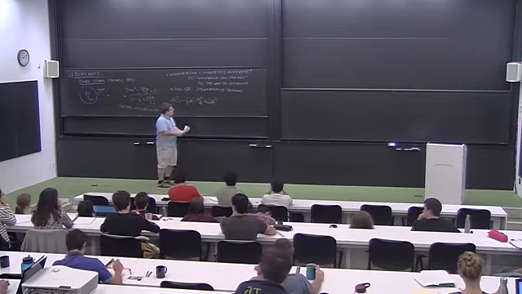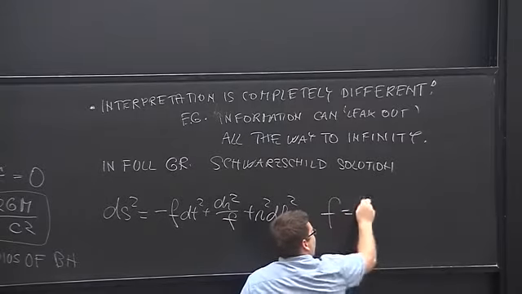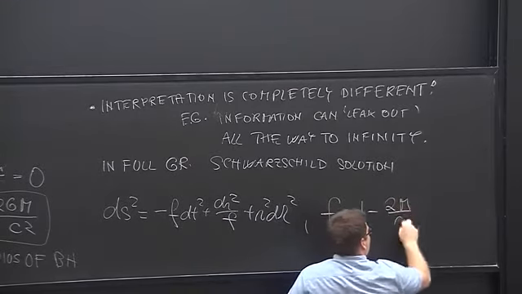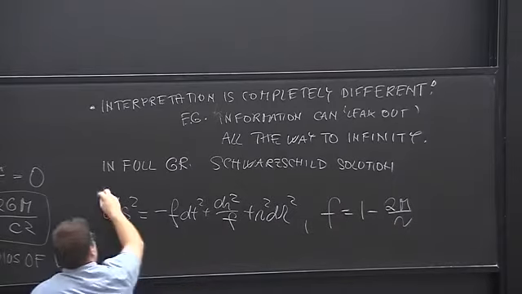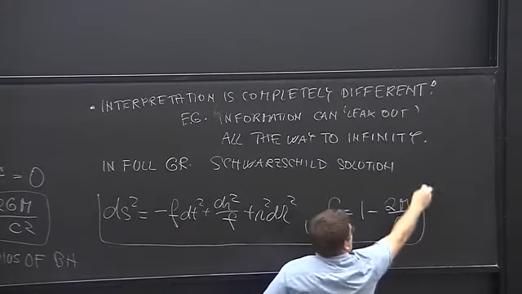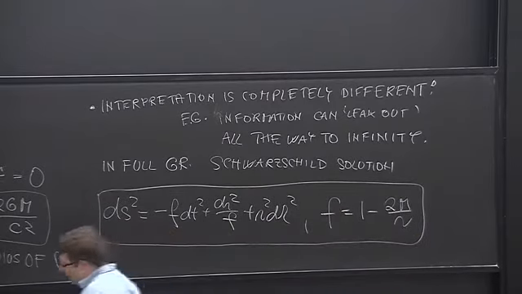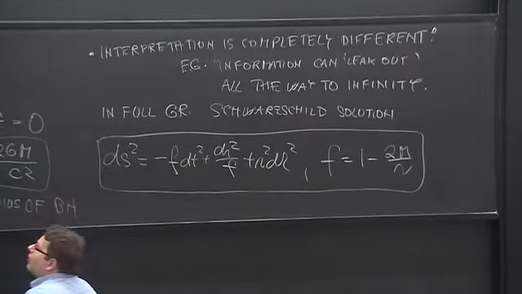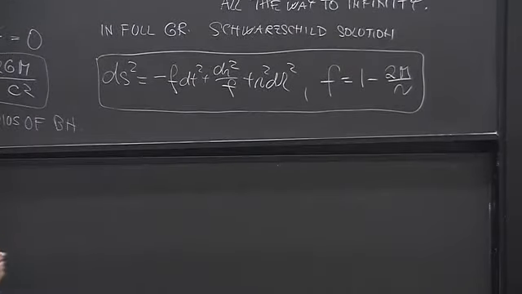All right, so this is the metric where f is 1 minus 2m over r. And this is the exact solution of nonlinear vacuum Einstein equations in the presence of spherical symmetry. And you see that nothing depends on time t, so it's a static solution.